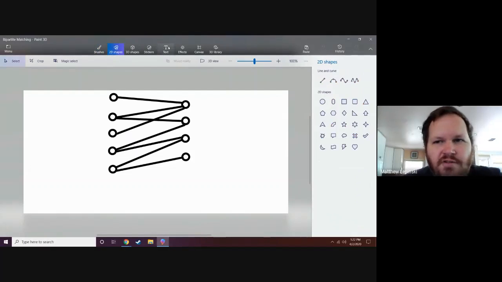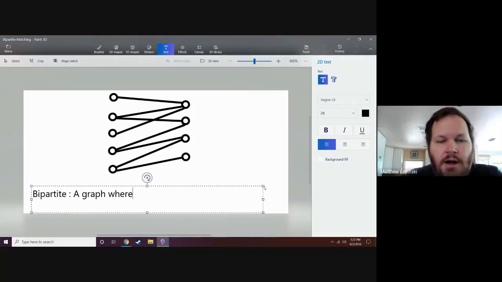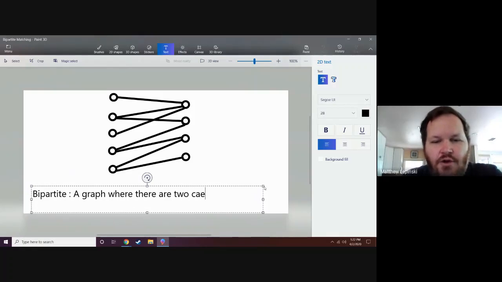Bipartite matching. So bipartite is a graph where every edge goes between two categories of vertex. Graph theorists think about bipartite graphs.